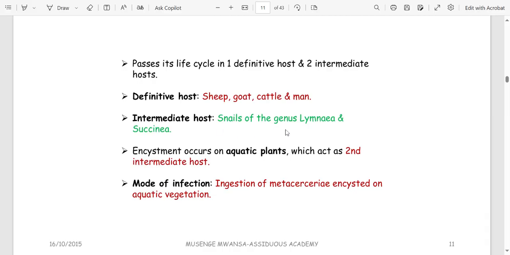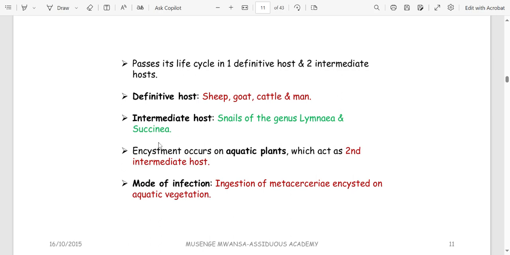Look at the genus, because you have snails of different genera, and different worms target snails of different genera. Here it's the genus Lymnaea and Stagnicola. These two genera are what Fasciola hepatica is going to specifically target.